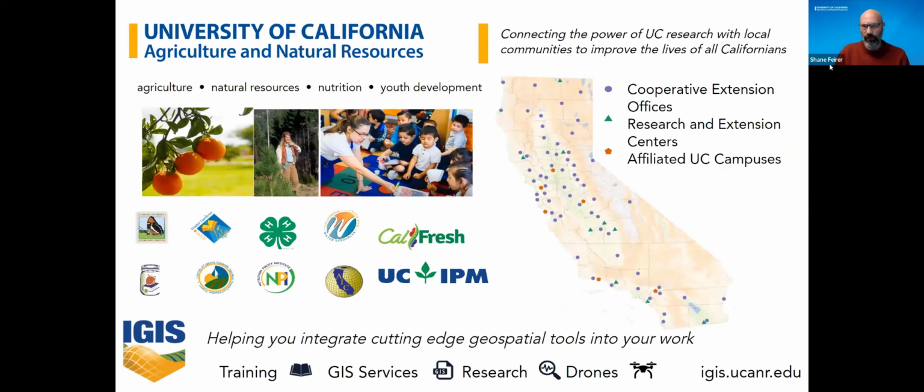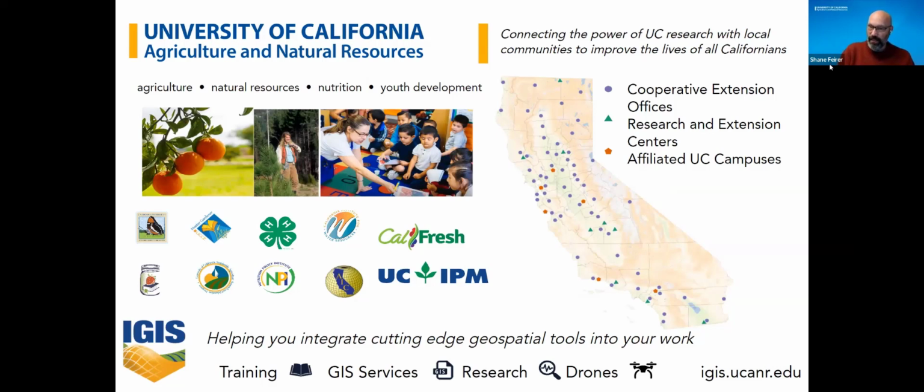This is one of our IGIS workshops, the Informatics and GIS statewide program, which I am part of, as well as Sean Hogan and others on this call, is part of the University of California Ag and Natural Resources Division. This is the organization whose primary goal is to extend the research of the college and universities to the general public. In a lot of universities, in a lot of states, they're associated with the land-grant universities, as we are here in California. And our principal campuses are UC Davis, UC Berkeley, and UC Riverside.